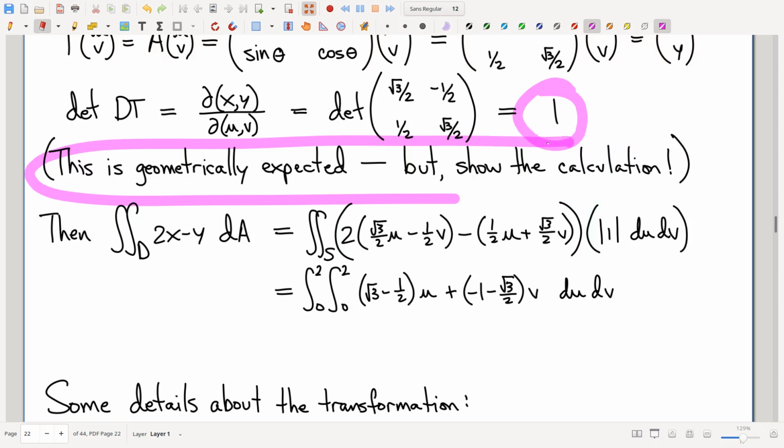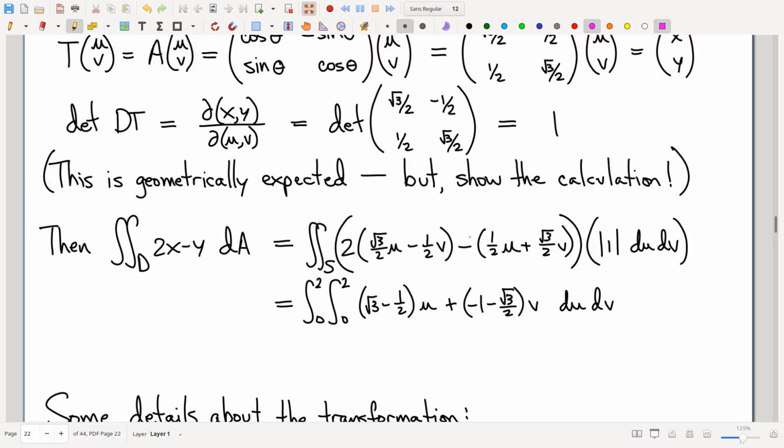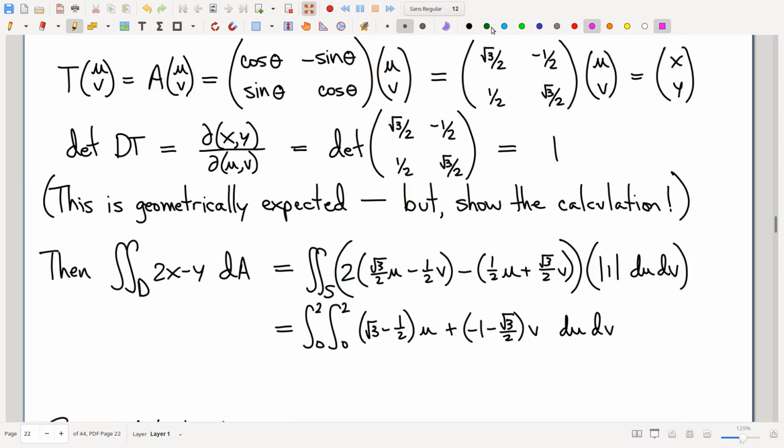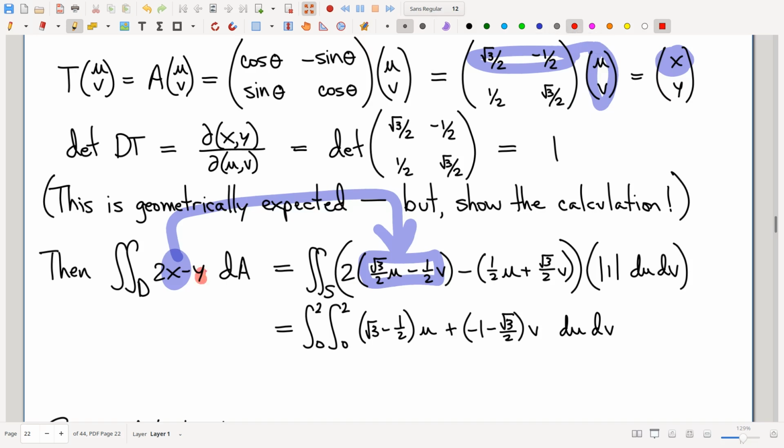Okay, and off we go at this point. So again, our original integral was this, and now let's plug in. The plugging in is the easy part. x: what am I going to do with that x? There's the formula for x. x is this dot product. And so, plug it in. Likewise, y: what am I going to do with this y right there?